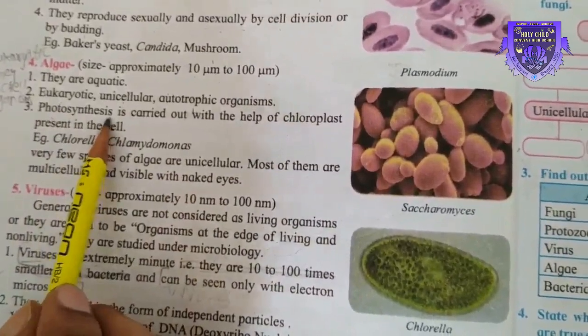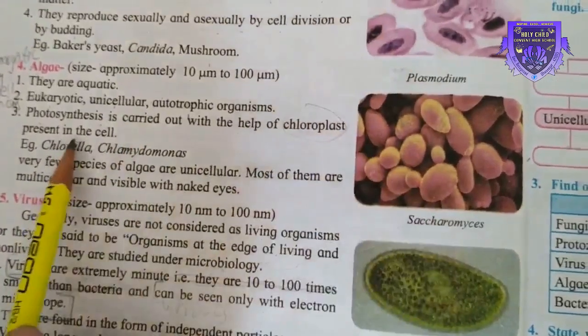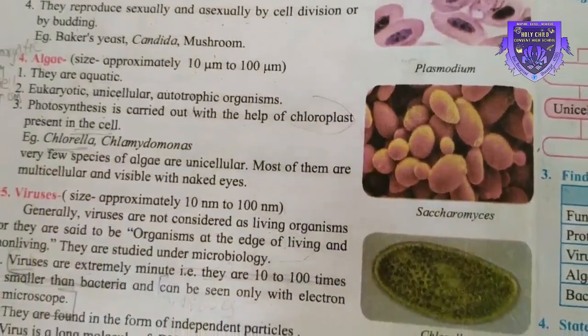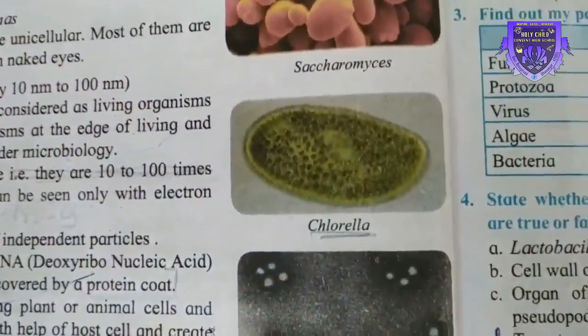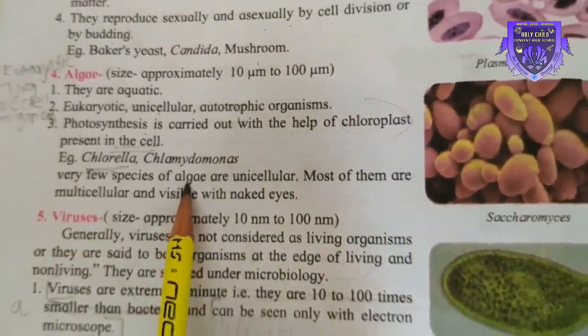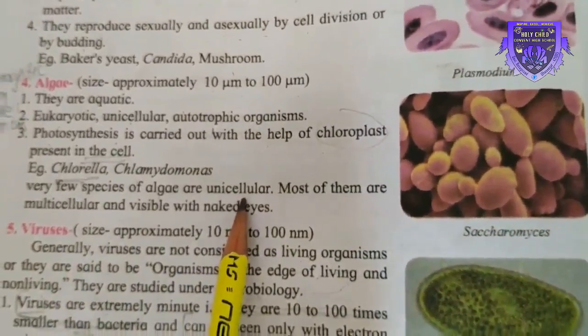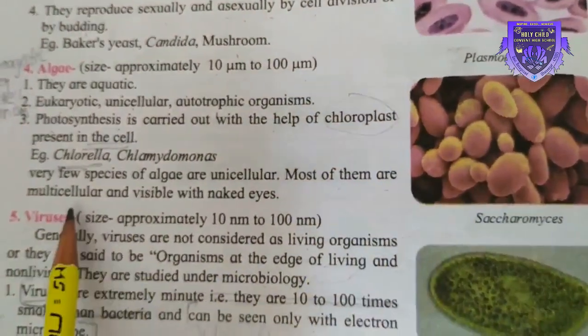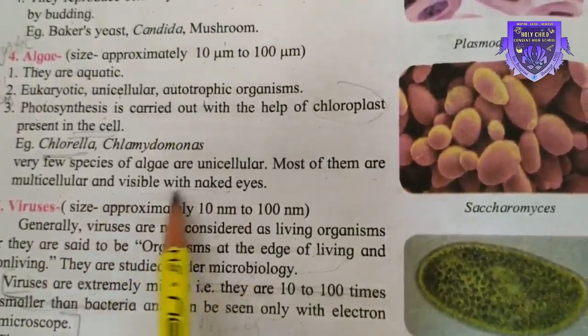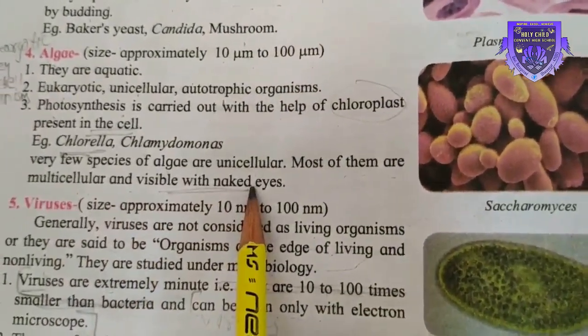Photosynthesis is carried out with the help of chloroplast present in their cell. Chlorella is an example of algae. Some algae are unicellular and most of them are multicellular, and so they are mostly visible with our naked eyes.